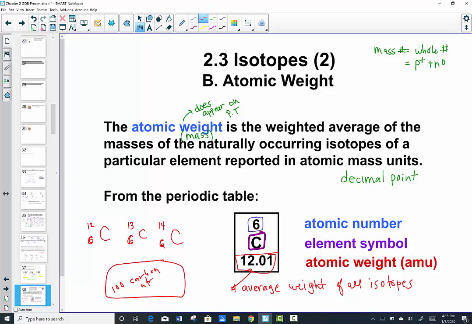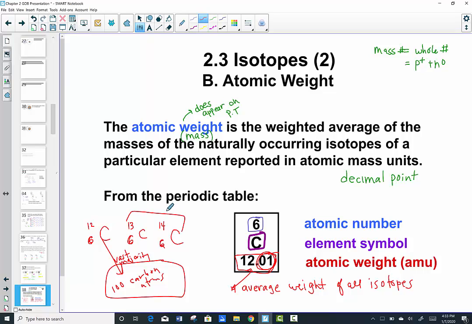How much of those carbon atoms come from carbon-12, carbon-13, carbon-14? Obviously, the vast majority must be carbon-12, because when I average the weight of the others, it goes up a little. It goes up from 12.00 to 12.01.